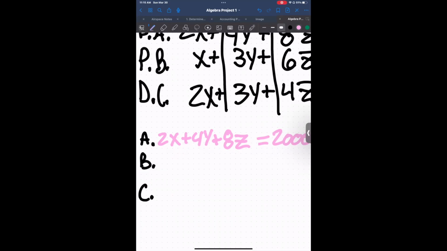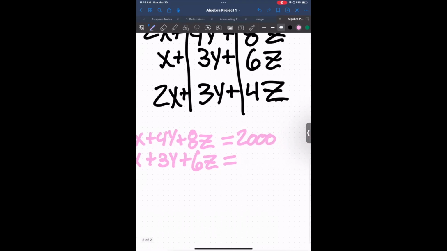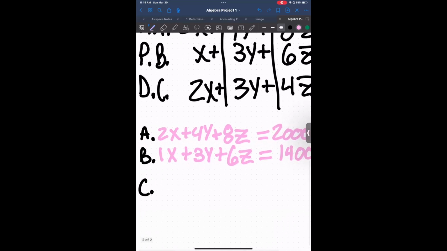This is how I'm going to break these down. You can do this a different way. Again, we're going to carry down the painting, which is 1x, it's just x, plus 3y plus 6z equals the total amount of hours, which is 1,400 for this department. We've got a lot of different things we keep in the back of our head here.